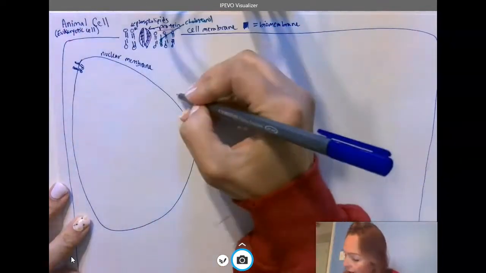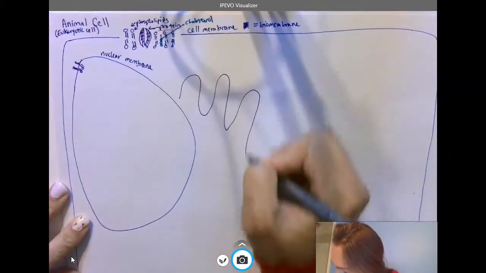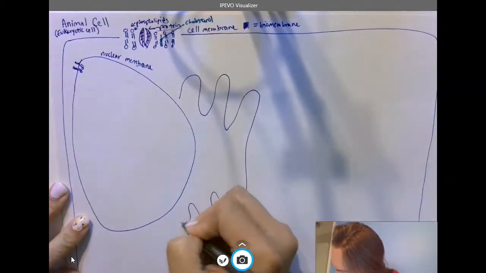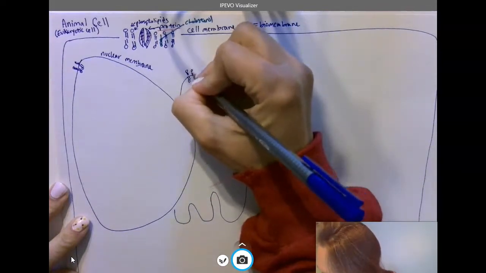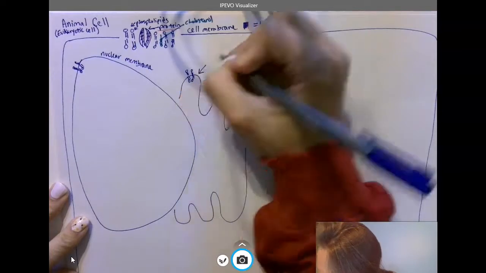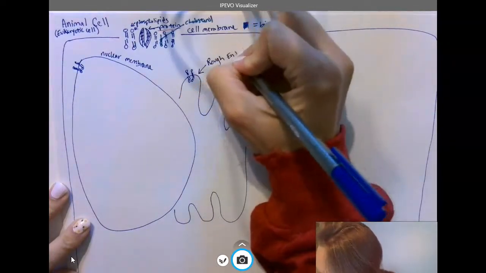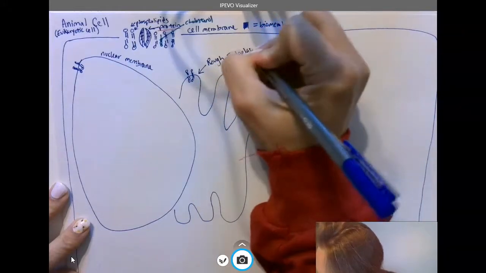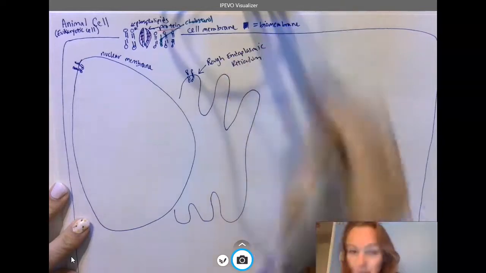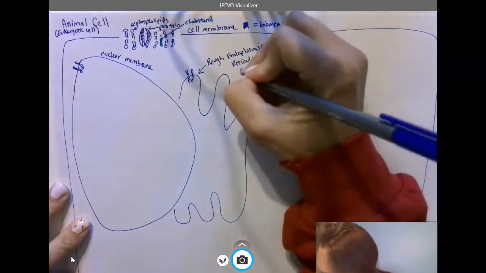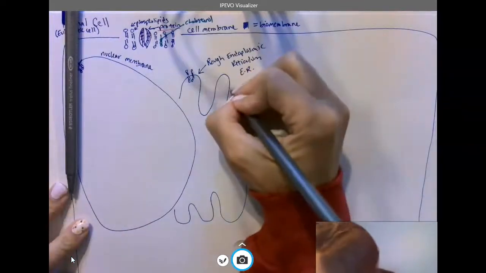Then we'll draw a very large endoplasmic reticulum, which also, as we remember from our previous video, is a biomembrane. We're going to make this the rough endoplasmic reticulum, or rough ER, which means that it has ribosomes on it.